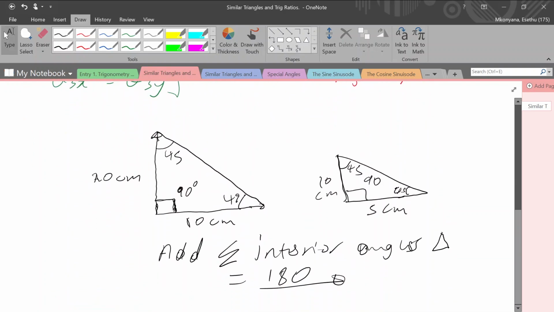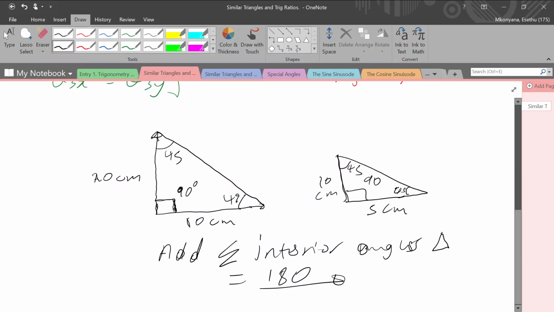Because of these angles, their shape will be exactly the same. That's why I said use 90 degrees there and here use 90 degrees. Otherwise, if you use 70 degrees here and here use 90, then their shapes are not going to be the same. But now we want the shapes to be exactly the same, but the sizes to vary. And that's what similar triangles are.